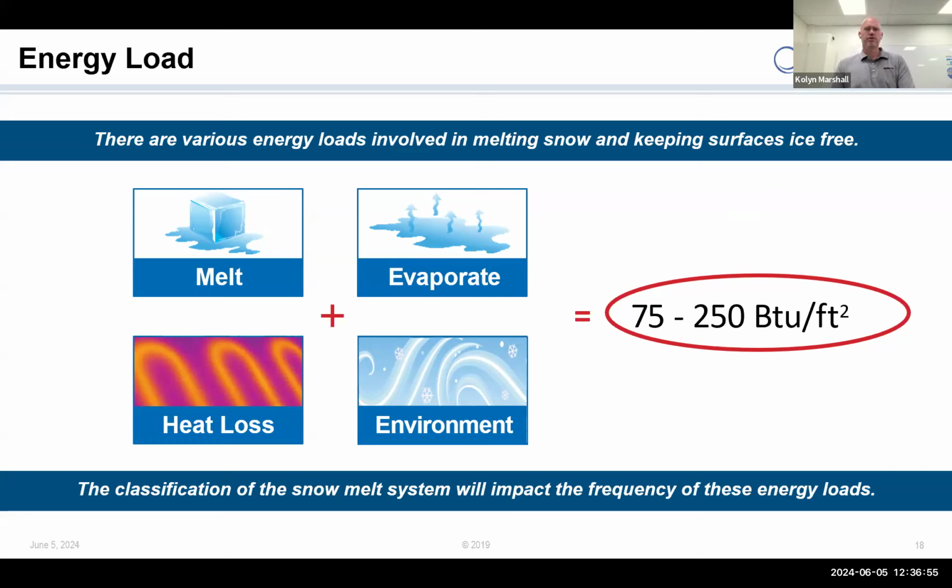We're looking at controls that have an anticipatory feature to them. The controls we use today, most of them have some sort of Wi-Fi integration that allows it to tie into the internet and connect to weather apps. And those weather services tell the controller, hey, a snow system is coming. These are the conditions. This is when it's supposed to start snowing.